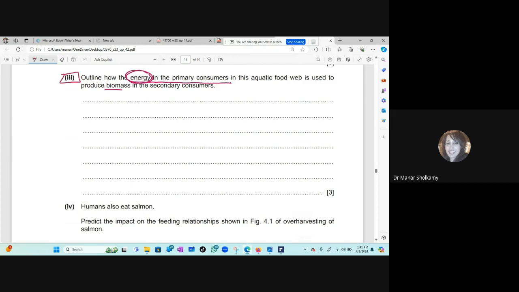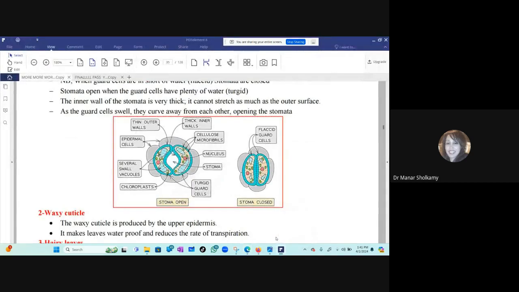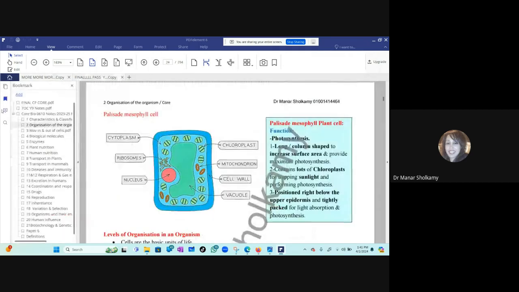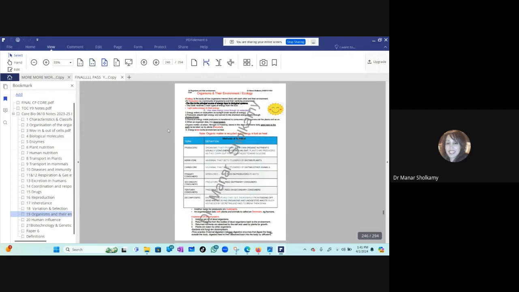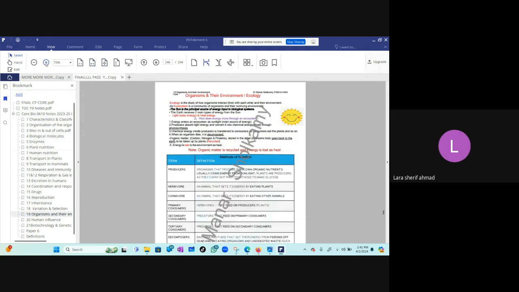How do the primary consumers use energy? This energy first, it is absorbed by what? How is it transferred? Who will tell me? I'm not optimistic. The energy is gained by consuming the produce.